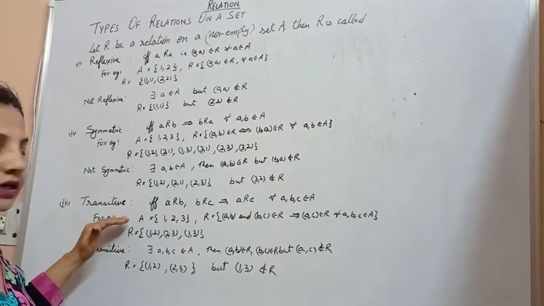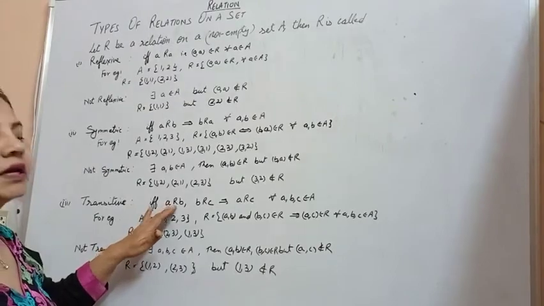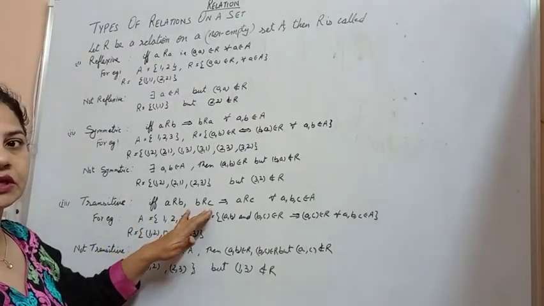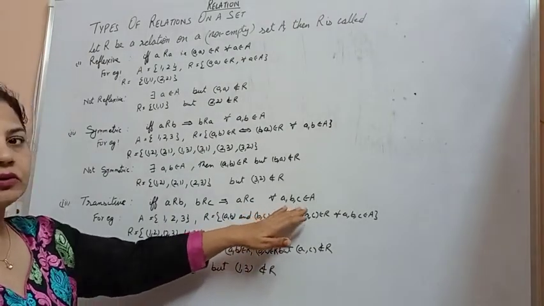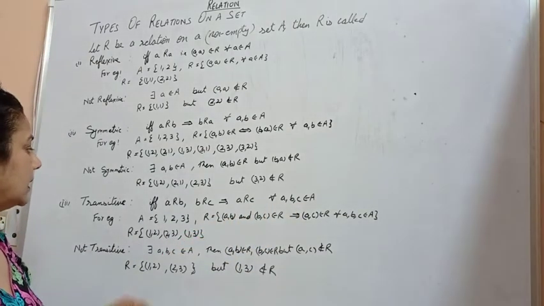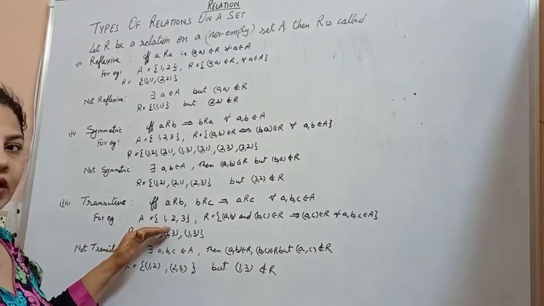For transitive relation, if and only if a related to b and b related to c implies that a related to c, for all a, b, c belongs to set A. For example, set A has the elements 1, 2, 3.